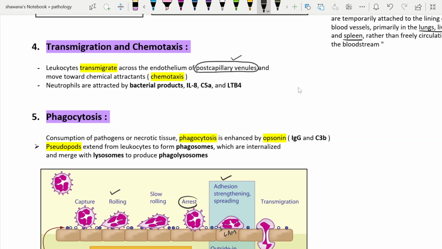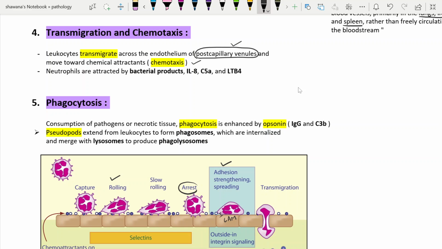These leukocytes will start to move towards the chemical attractants, i.e. the chemotaxins, and this process is called chemotaxis. Neutrophils, macrophages, any of these leukocytes move towards chemical attractants, which are either produced by the bacteria or are present in that tissue. This movement is known as chemotaxis.